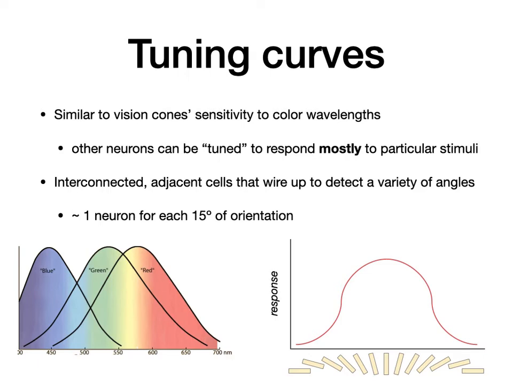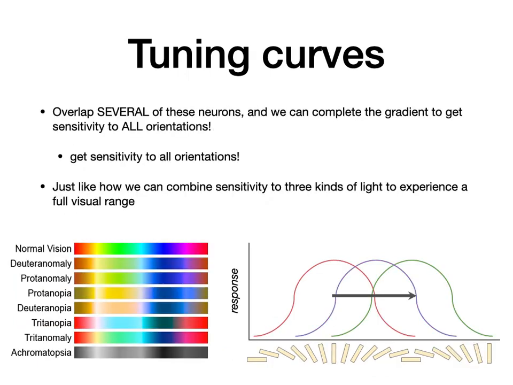Now, the real beauty of this, well, there's plenty of beauty in it, but the tricky part is that you can overlap several of these neurons and complete the gradient to get sensitivity to all orientations.